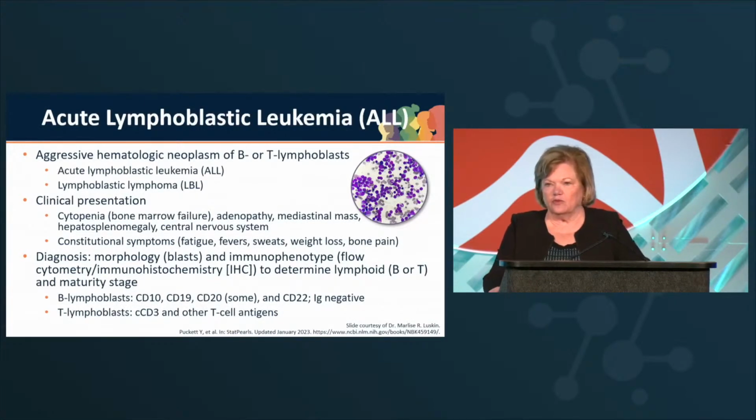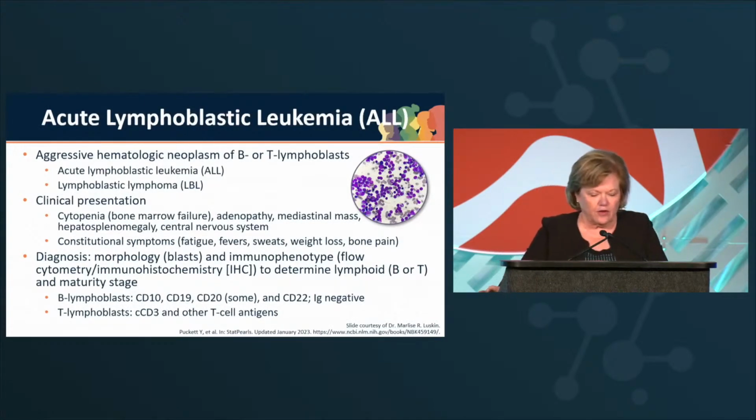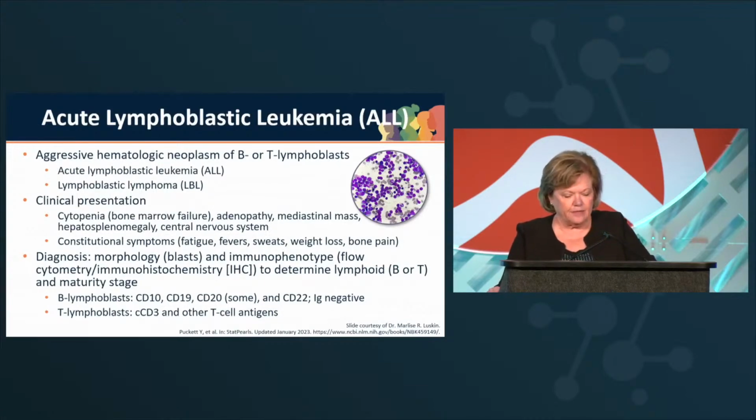We know the clinical presentation, of course, the cytopenia, the adenopathy, and the symptoms that our patients present with. And then the diagnosis through the immunophenotype, the flow cytometry, looking at the biomarkers of the CD10, 19, 20, and all the biomarkers to differentiate between B and T cell lymphocytes.